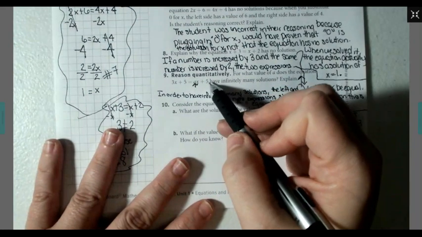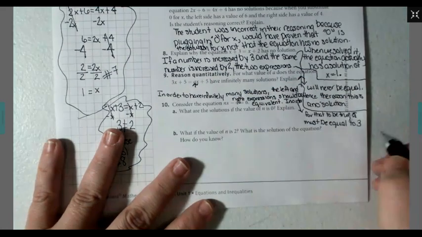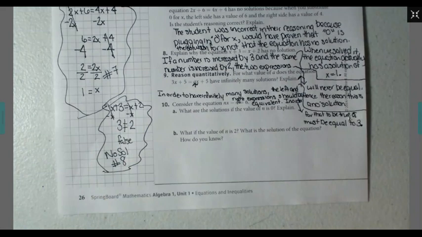The x is already the same. The 5's are already the same. So the only thing that has to be the same now is the coefficient of x, which is 3.